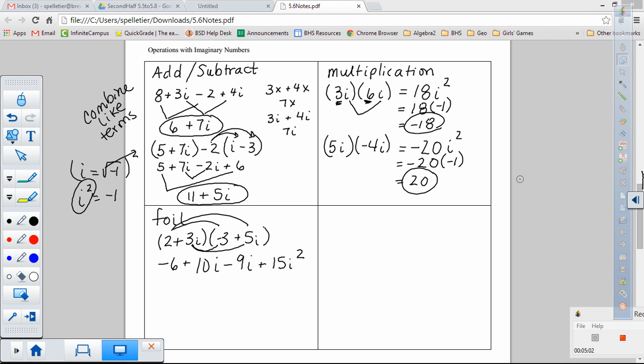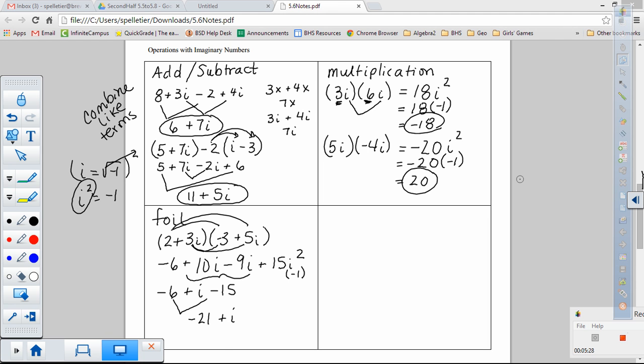So a couple things we have to do here. Combine like terms. Negative 6, 10 minus 9 is 1. And then the last thing we need to do is make sure to replace our i squared with negative 1. So 15 times negative 1 is negative 15. And then again, combine your like terms. Negative 6, negative 15 is negative 21 plus i.